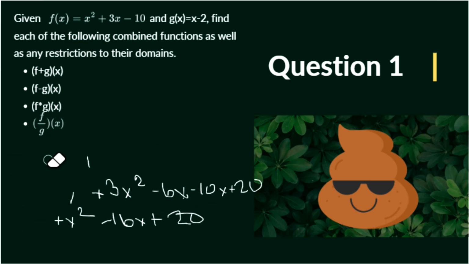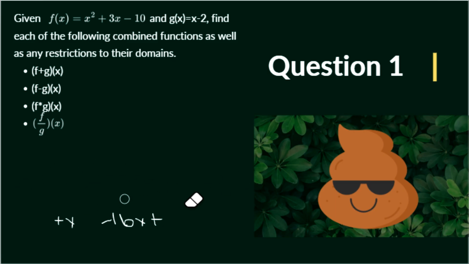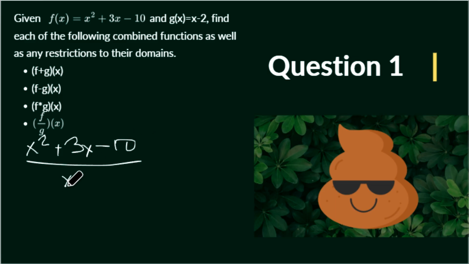And now we need to do the hard one. All right, we're doing our division one. So we have x squared plus 3x minus 10 all over x minus 2. And it's not going to be all real numbers because we can get a 0 here. And that's if x is equal to 2.